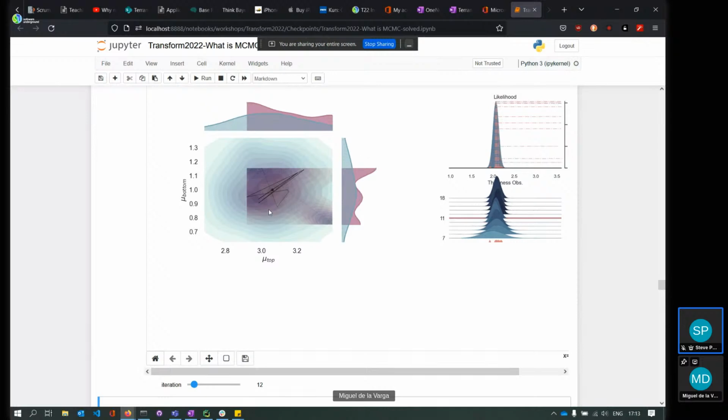Next iteration, we sample again. Now it's really almost in the middle. That is going to give us another location of the likelihood function, which is very good to look into the joy plot to see how they are moving from the left towards the right.